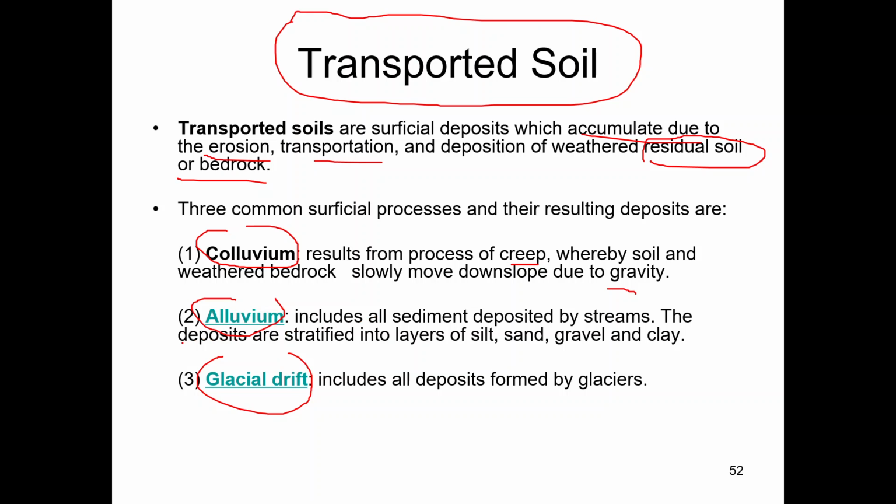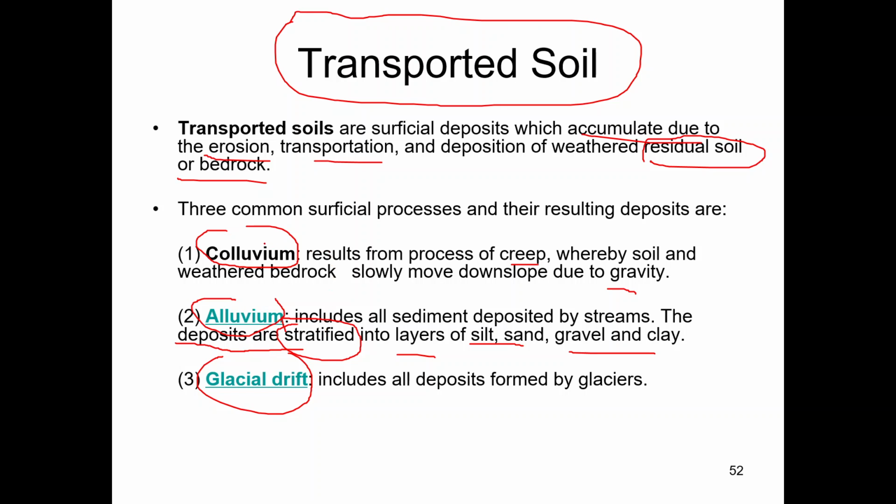So normally the deposition of this sediment is in strata or in layers, where sorting occurs between the particles, sometimes silt, sand, gravel or clay, depending on the energy of the stream or river. So it's stratified. The keyword here is stratified, in layers.